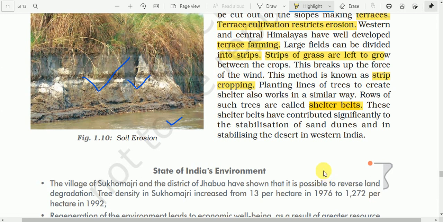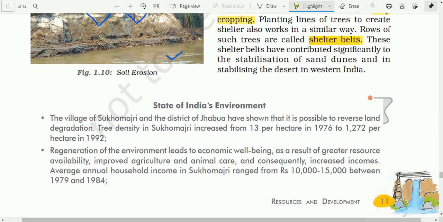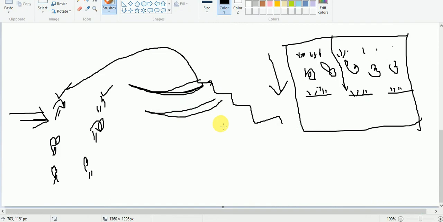And these shelter belts have contributed significantly to the stabilization of sand dunes and in stabilizing the desert in western India. Actually, in the Rajasthan area there are sand dunes, heaps of sand. For example, this is a sand dune. When the wind blows from this side, the sand particles will be carried and will be rolling down here.